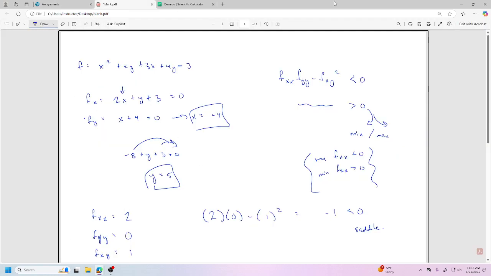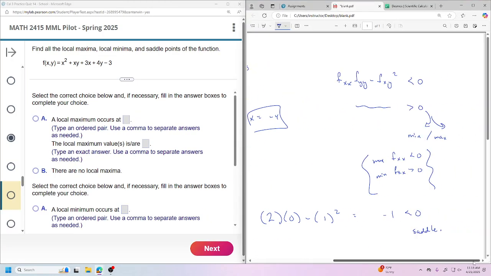To figure out if it's a min or maximum, if you take the second derivative of x, if the second derivative is greater than 0, it's a maximum. Oh, it's less than, it's a minimum. What? I flipped them? You're saying greater than 0, it's a maximum? Yes. Are you sure? I have it right here. All right, fine. I trust you.